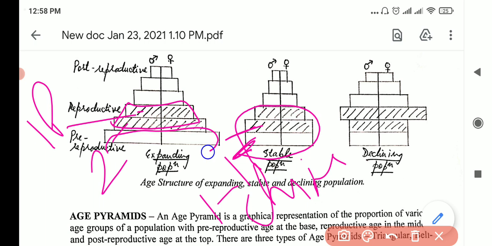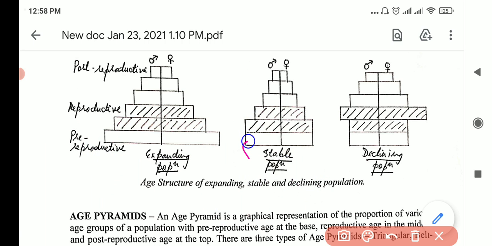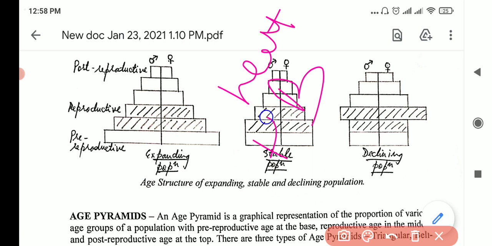That's why this one is bigger. But here this one is almost equal because one child, one parent. So the population will remain stable. Here you will always see the old people will be fewer in number because they die off, which depends on many factors, like health factors. If you have high BP or diabetes or thyroid problems, you may die early, right?